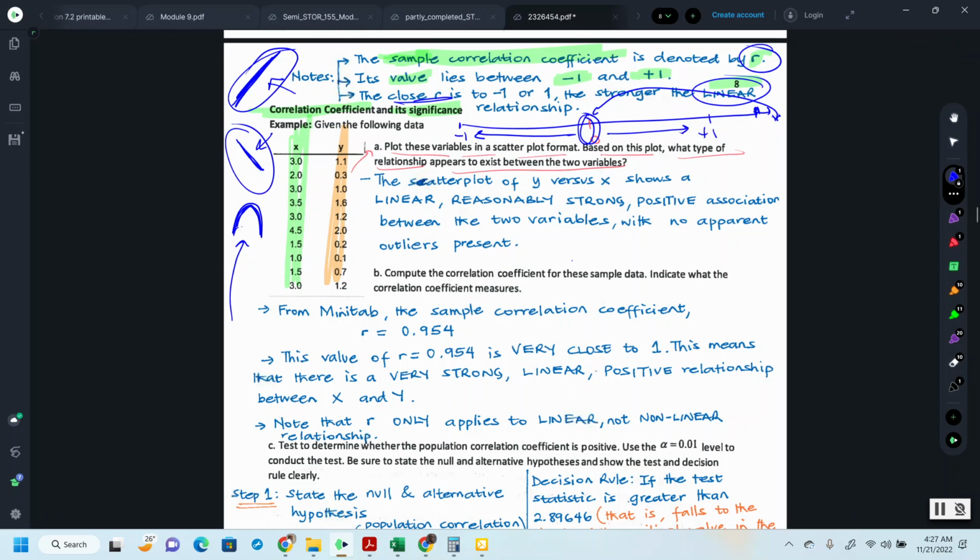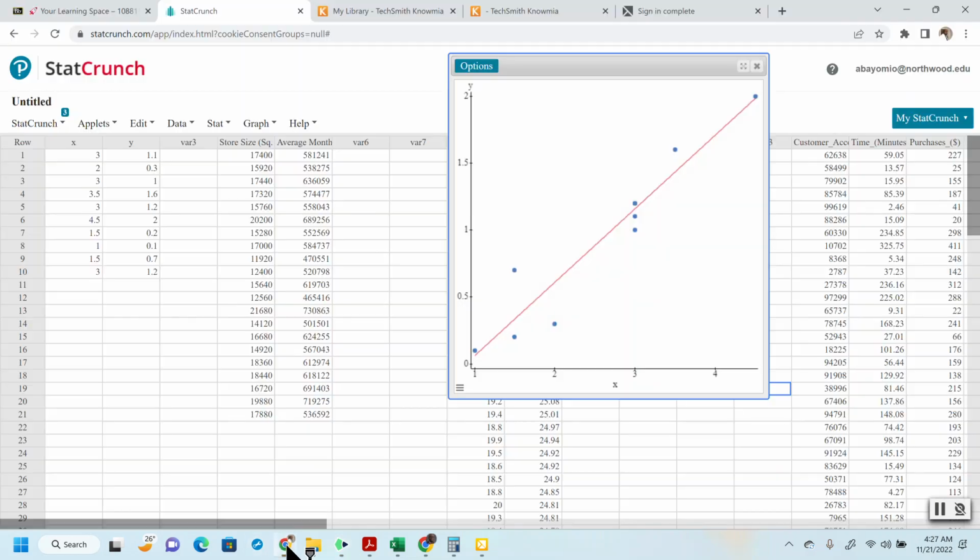So how do we compute r? Well, there is a long winding formula for it, but you do not need that in this class. So in question B, to compute the correlation coefficient for this sample data and to indicate what the correlation coefficient measures, we can use Minitab, we can use StatCrunch. We are using StatCrunch at this point in time. So let's see how we do that in StatCrunch. I'll go back to StatCrunch and minimize this.